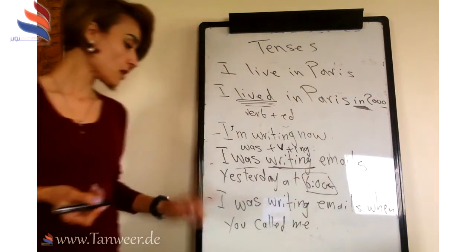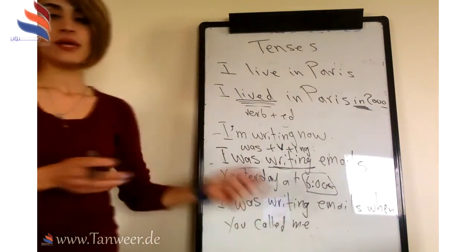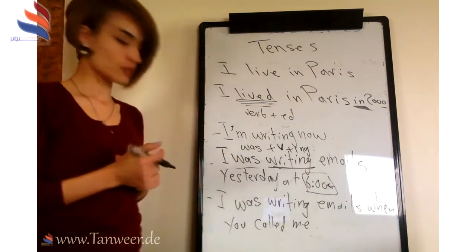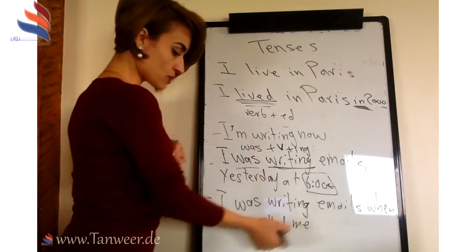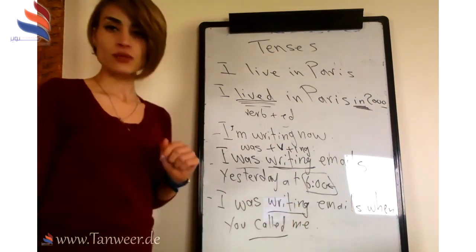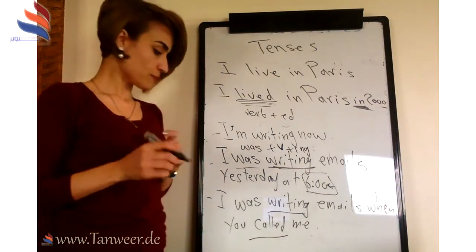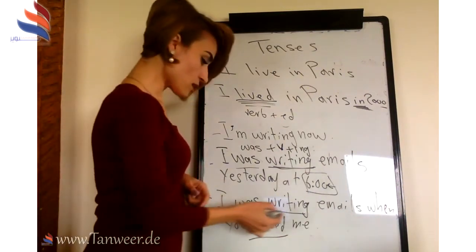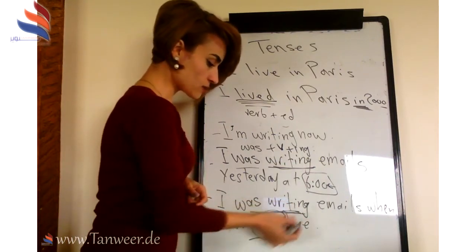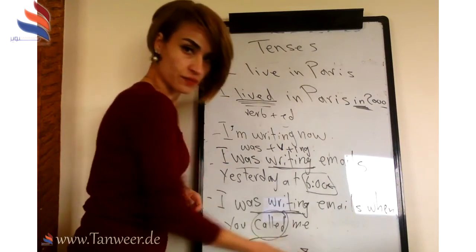Okay? I was writing emails when you called me. Here we have 2 actions. Which one happened before? What do you think? Was it the call or writing the emails? Yeah, that's correct. The one that happened before was writing emails, and calling interrupted. So I have an action which started earlier.